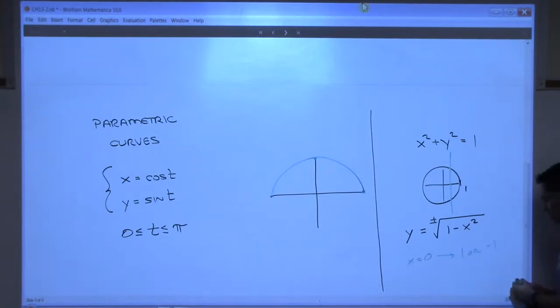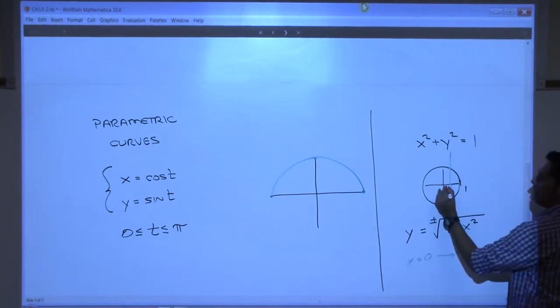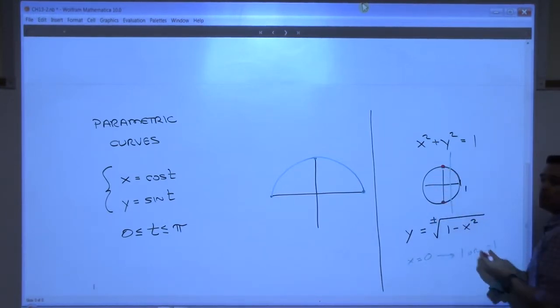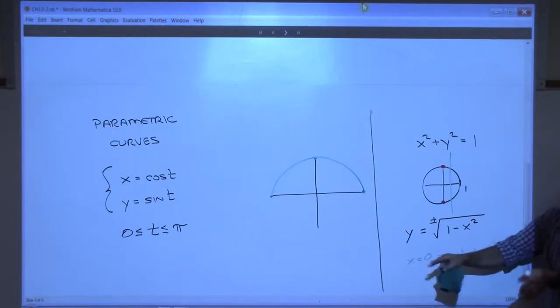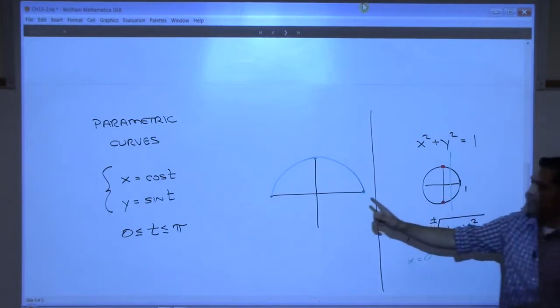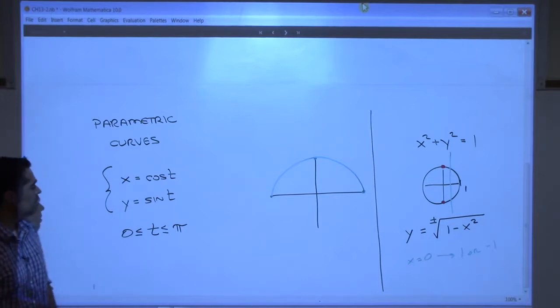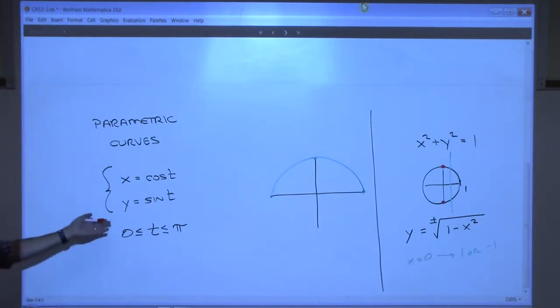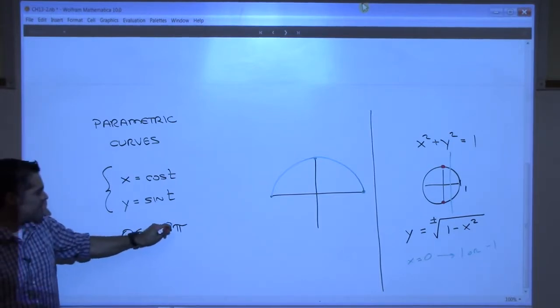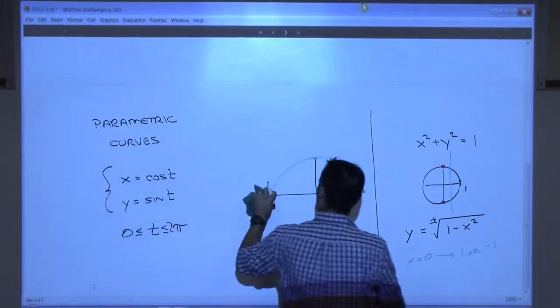So if I plug in 0 for x, it's going to spit out two numbers, and that's why it's not a function. You have one input, two outputs, not allowed for functions. But if you do a parametric curve, can you draw me a circle? Yeah, I just need to extend this out to 2 pi, right? And now I can come all the way around.